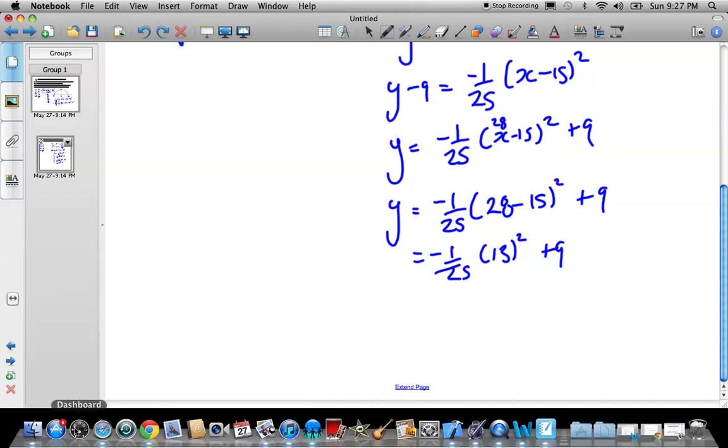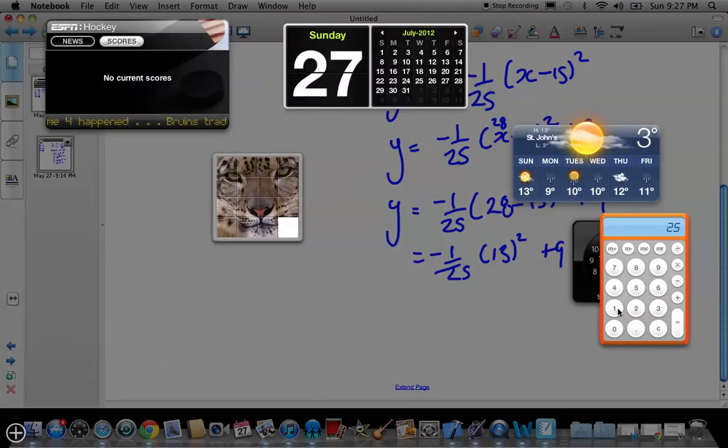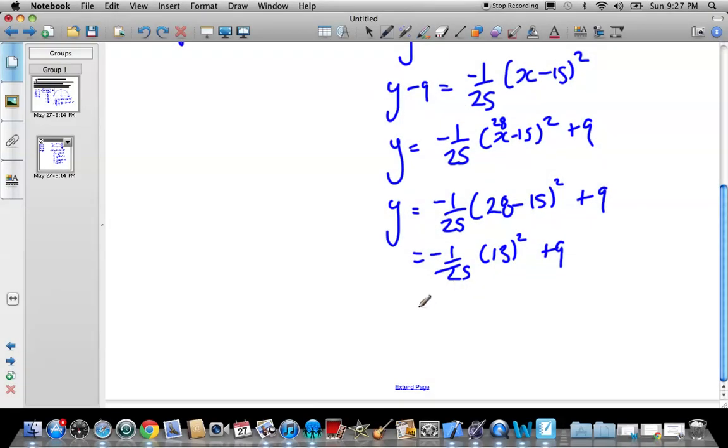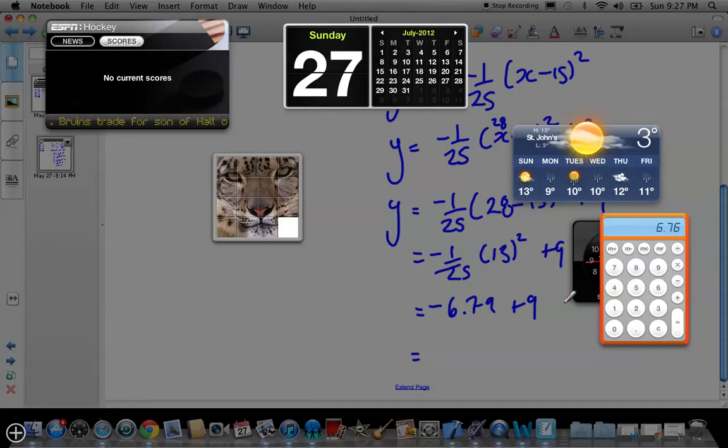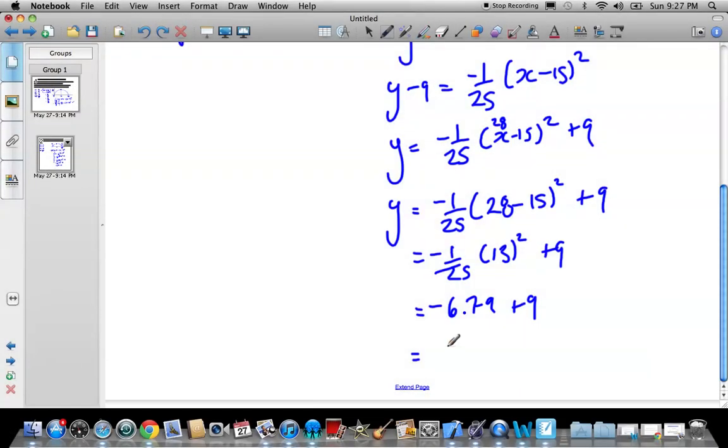So I have to get a calculator for that. 169 divided by 25, which is equal to 6.76, or negative 6.76 plus 9. I'm not going to risk my mental math here today, so subtract 9. We'll just change the sign on that. So 2.24 meters. So that's at what height the ball will hit the wall. So up the wall, 2.24 meters.